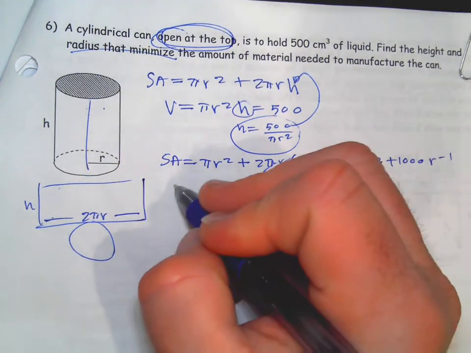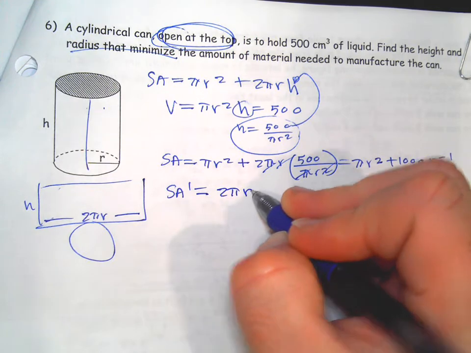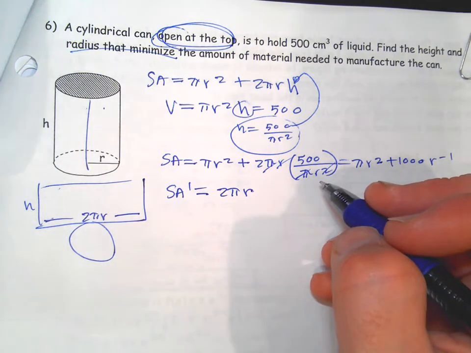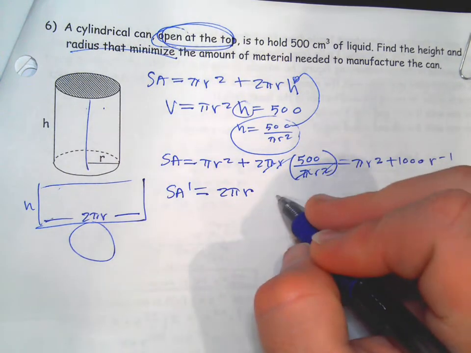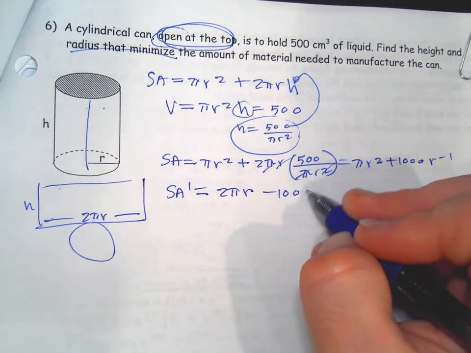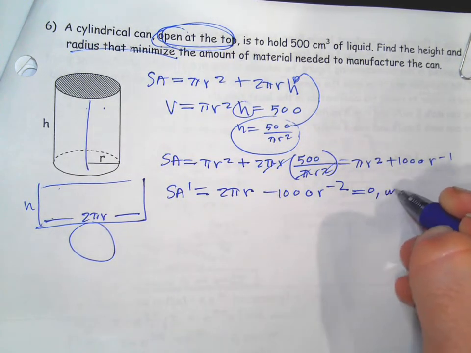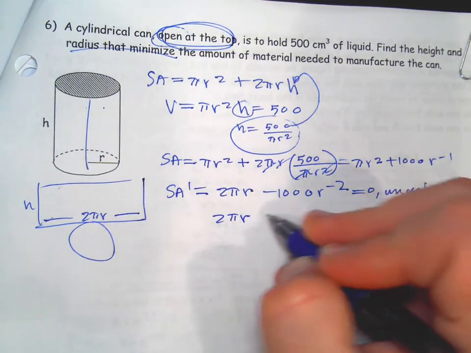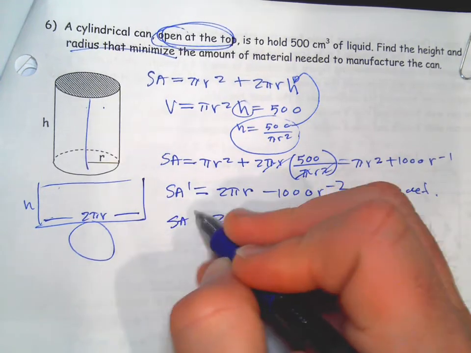So SA prime equals 2 pi r, and we're taking the derivative with respect to r, 2 pi r minus 1000 r to the negative 2. So we write it with positive exponents and then give it a least common denominator.